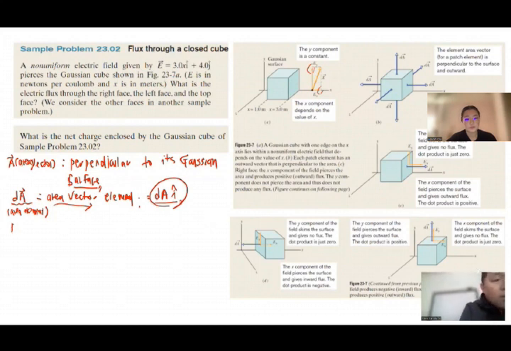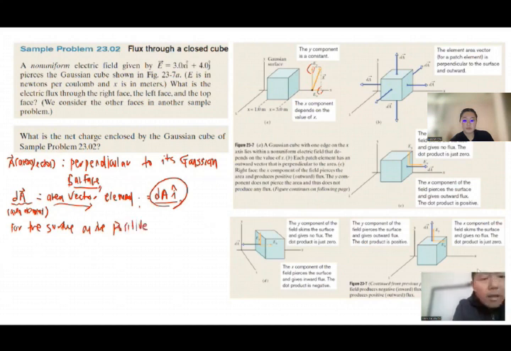So for the surface on the positive x-axis, it is given by this definition: the flux element dΦ is expressed as E, the electric field at that spot pointing right and upward, dotted with the area vector dA.